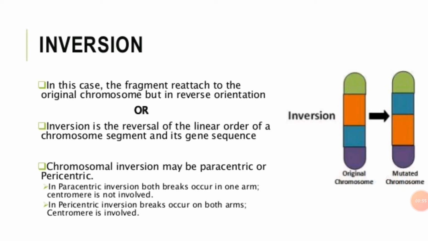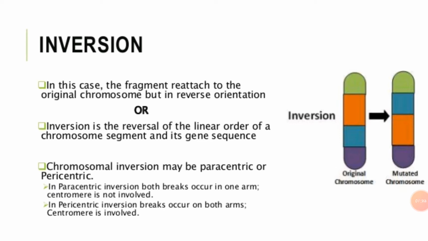In duplication there is repetition of a particular gene sequence, and sometimes it gets reversed in direction, which is called reverse tandem duplication. But here only this particular sequence of genes gets oriented in reverse direction, that is called inversion. When a particular segment of a chromosome gets inverted, that is called inversion.